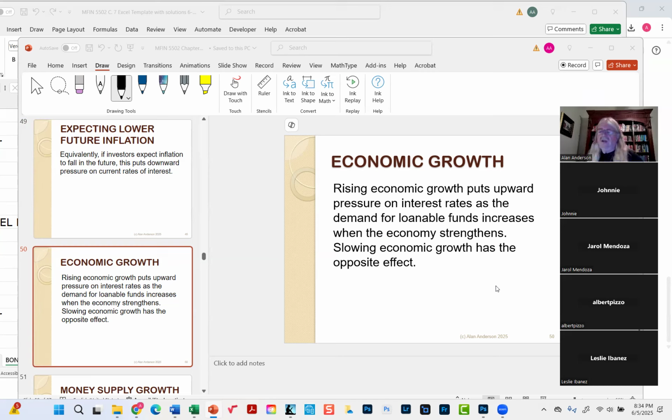So a strong growing economy tends to lead to higher interest rates because there's an increased demand for loanable funds. And the supply of loanable funds doesn't change very quickly. So when the demand for loanable funds goes up, then that tends to be matched by higher interest rates, at least in the short run.